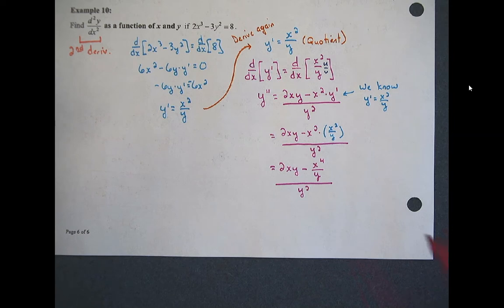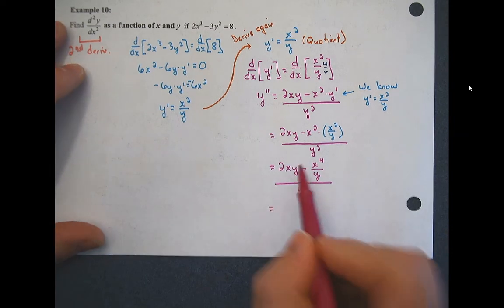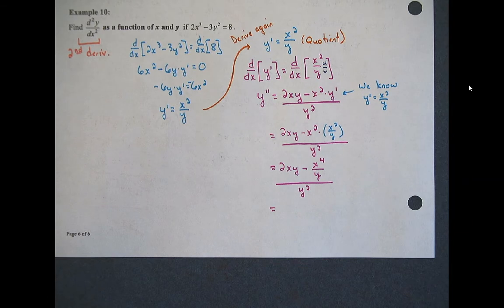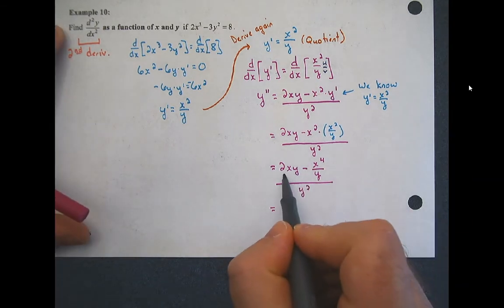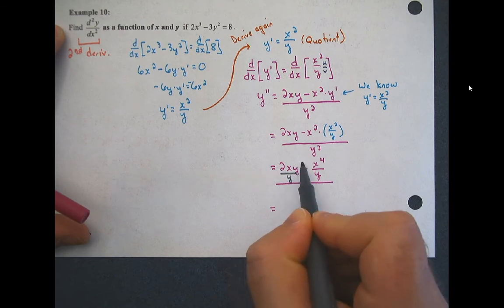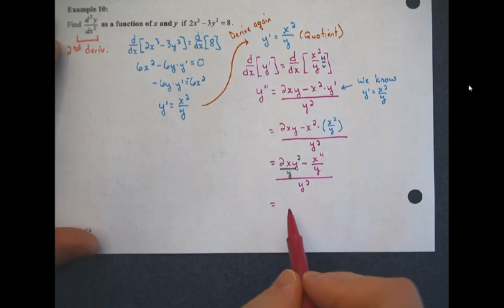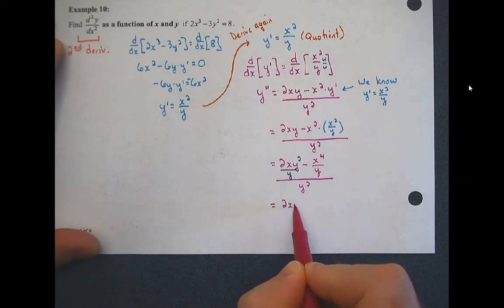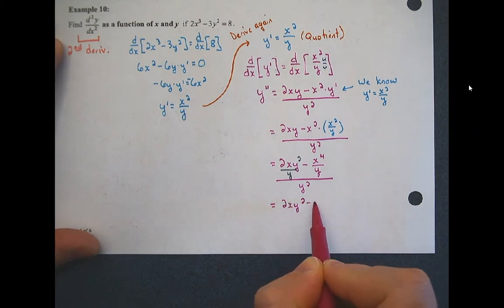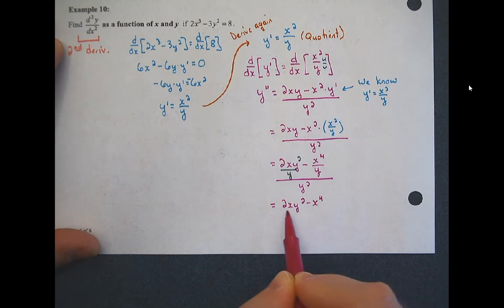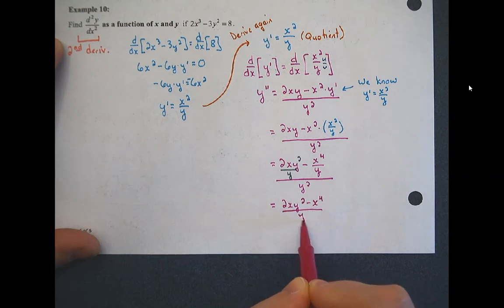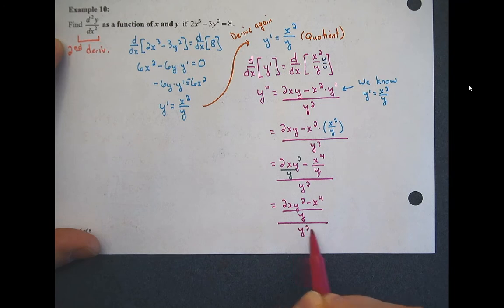I'm going to get a common denominator first. So this guy needs a y on the bottom, which means I have to put an extra y there. So I would have 2xy squared minus x to the fourth over y, all over y squared.